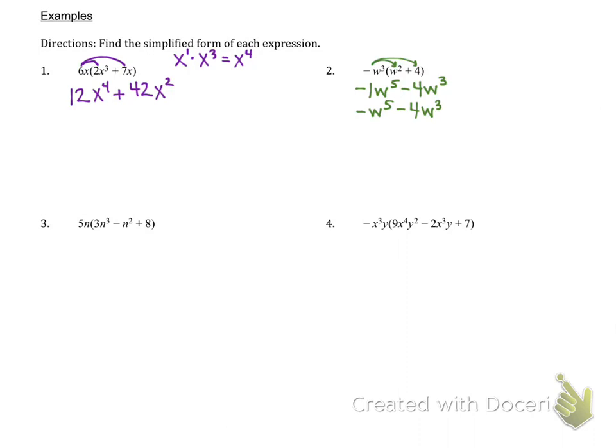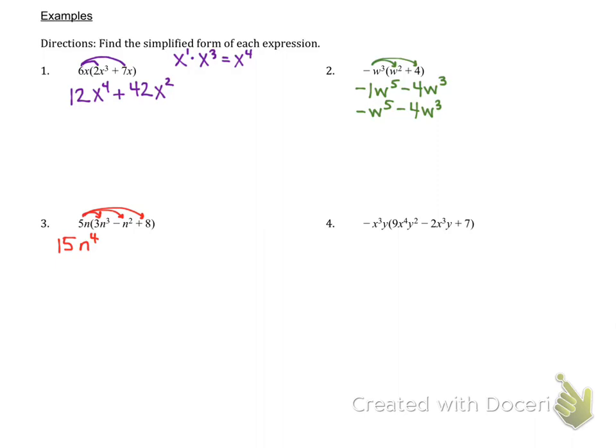Okay, number 3. So again, I'm going to distribute here. So I have 5n times 3n cubed is going to be 15n to the 4th, because I'm adding the exponents. N to the 1 times n cubed is n to the 4th.